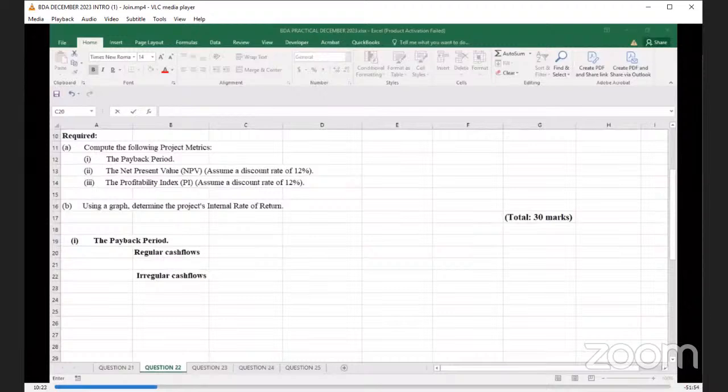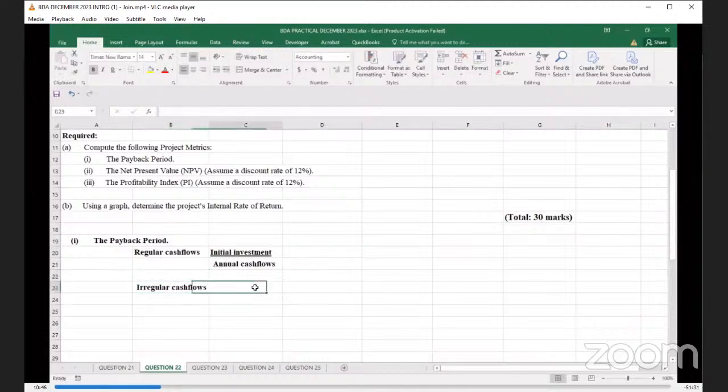Then consider your annual cash flows. This is very important. The payback period is your initial investment divided by your annual cash flows. That's the number one thing we need to understand about the payback period where you have regular cash flows. What about irregular cash flows?